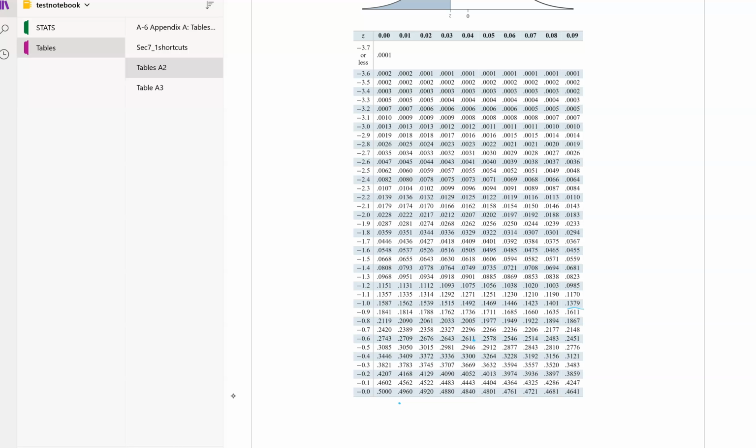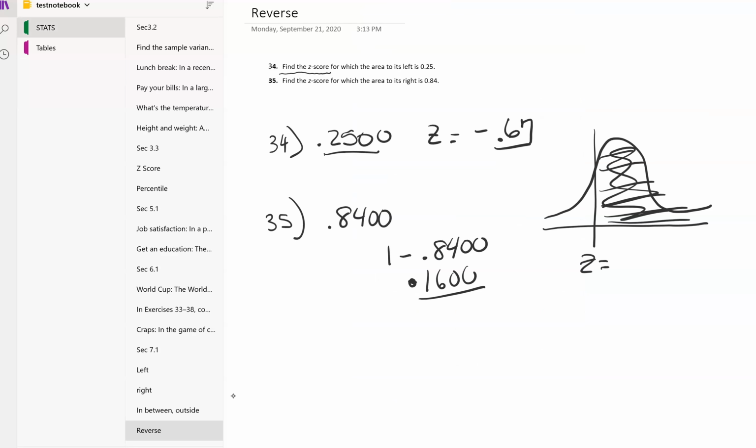So I'm either here or here. Those are the two numbers closest. 87, that's 13 away. This is only 11 away. So this one's closer. So this is my answer. So I have to see where that is. So it's a negative 0.9, and this one goes up 9. Negative 0.99. That's the answer.